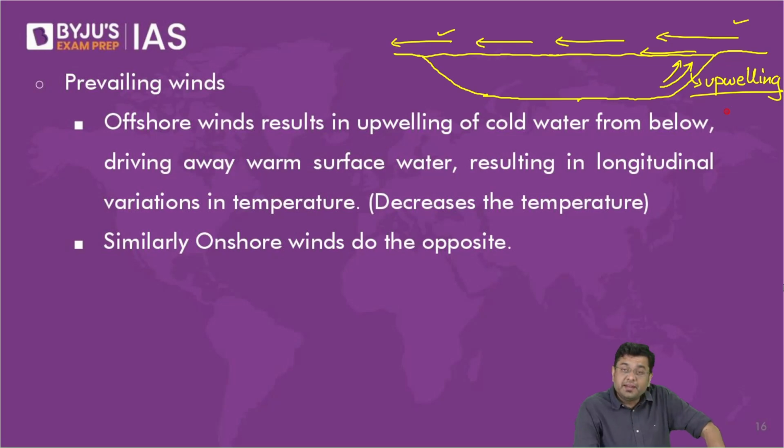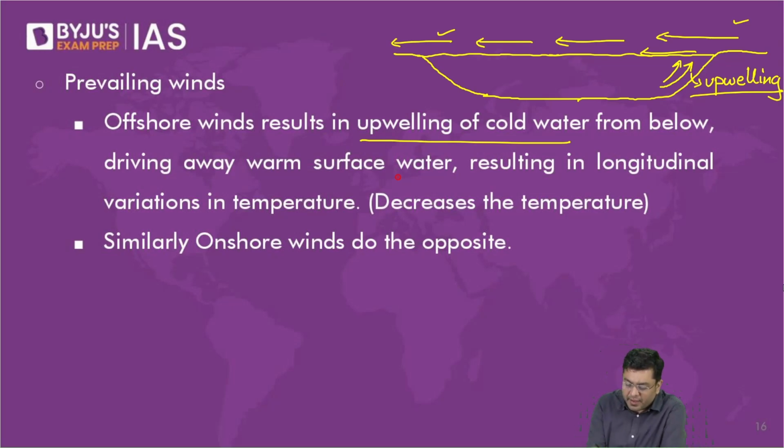Sea to land, that is onshore. Wherever you have offshore winds, they drag away the surface water and bring the cooler subsurface water to the top. This is the region where you will experience upwelling.